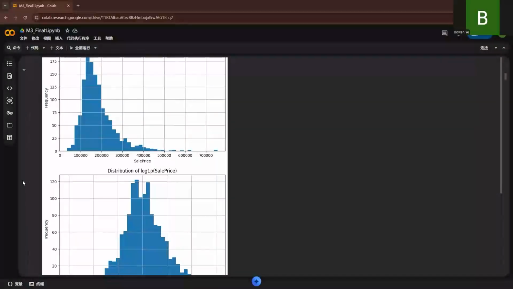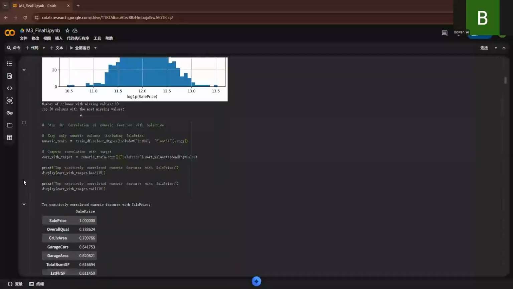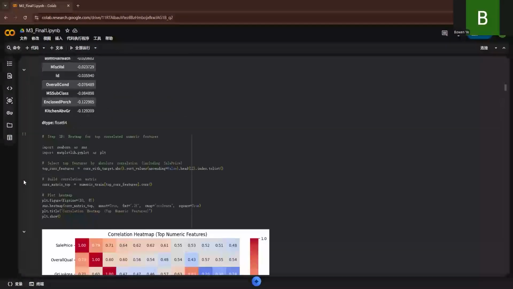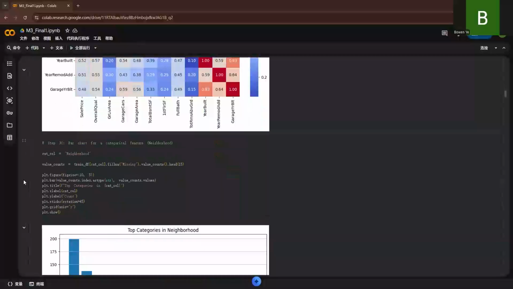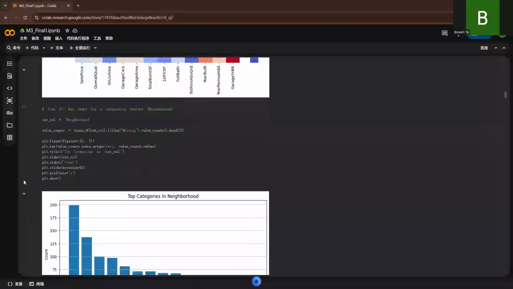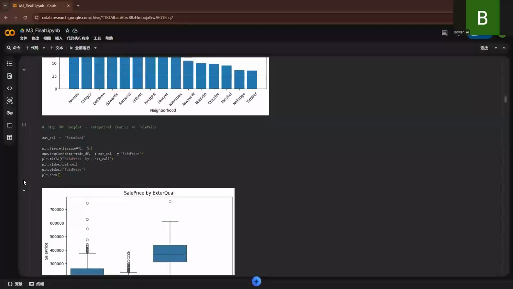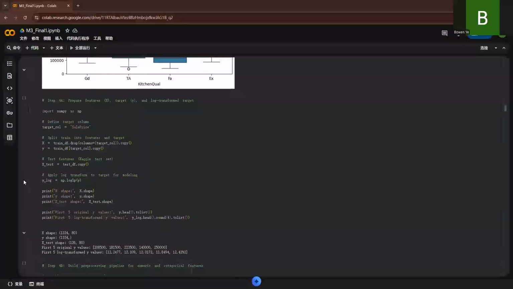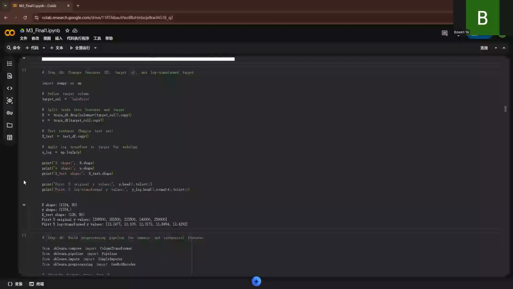Next, the notebook separates features and target variable. The target variable sale price is transformed using a logarithmic transformation. This is implemented using log1p. The reason for this step is to stabilize variance during training. Without transformation, those expensive houses will dominate the loss function.